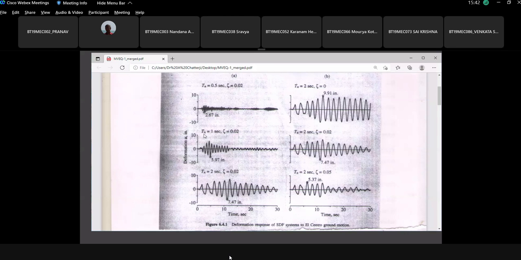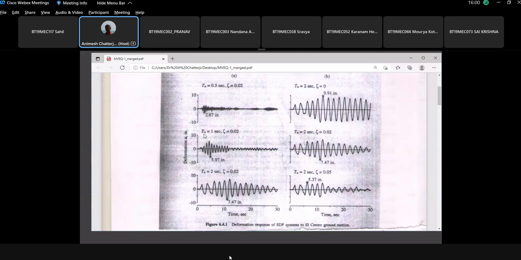So the more the natural frequency and damping, the less the acceleration will get. There is nothing like acceleration in the graph. So sorry, sir, displacement.